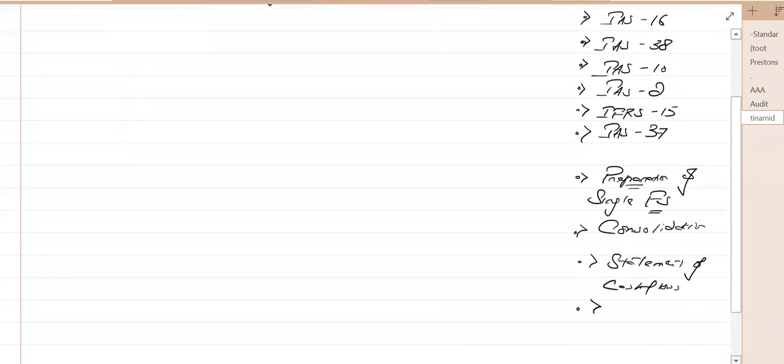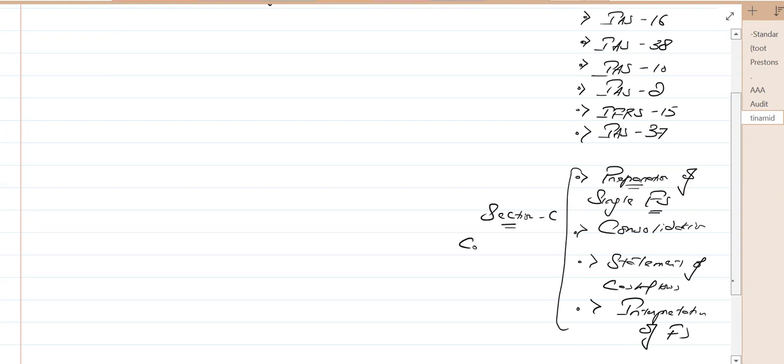Moving further, there was another topic which is the interpretation of the financial statements. So you see these are the four main topics which are tested in Section C of the F7 exam. Section C constitutes constructed response questions. Sections A and B are the objective test questions.